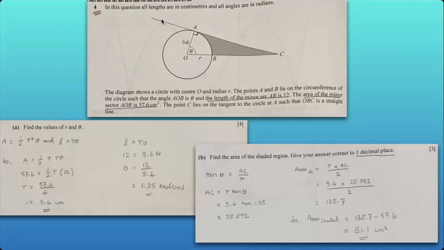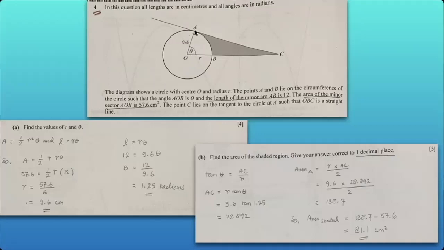The question says this is a tangent line. Tangent line, therefore, must be perpendicular to this radius. So that's the key information there. So we know 9.6, the radius, we know this angle.